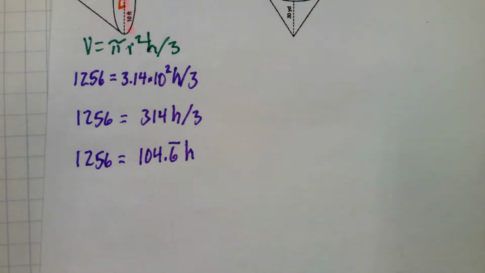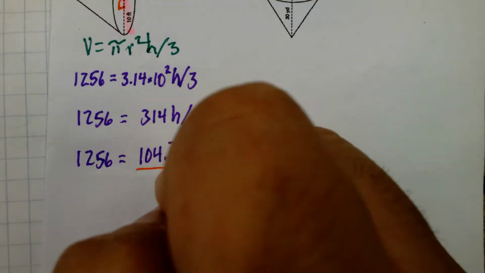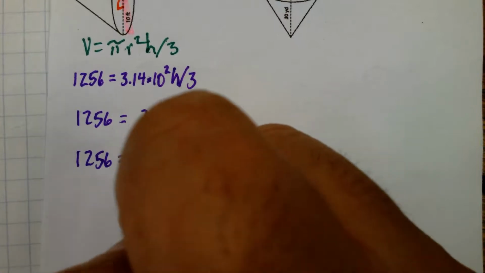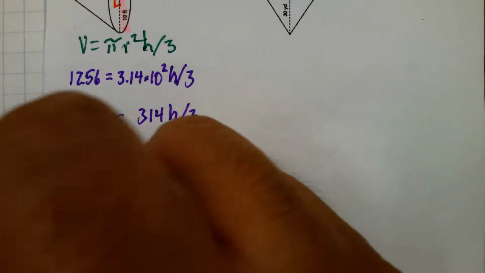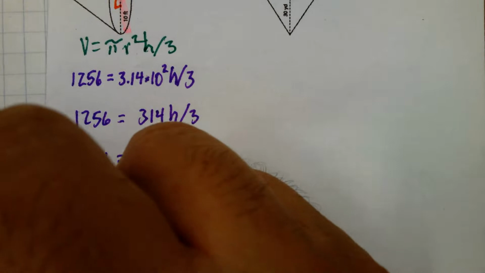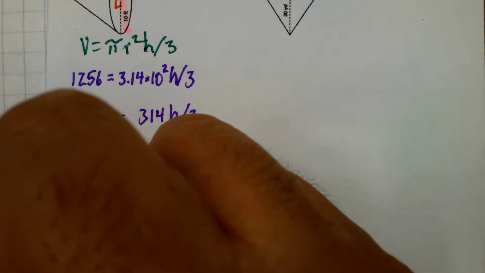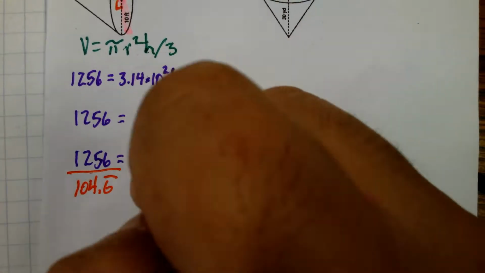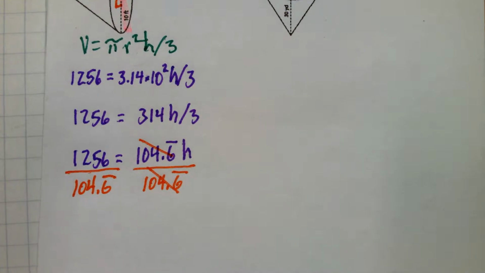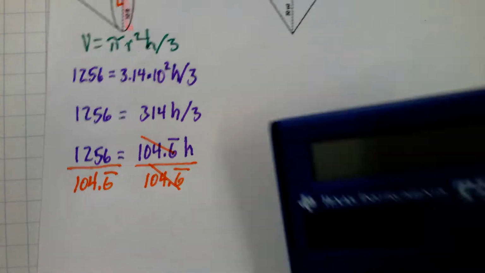Well, I'm down to the point that I want to get rid of that 104.6 repeating. What can I do to get rid of it? Divide. It's just an equation. We'll divide by 104.6 repeating on both sides. That will cancel these, okay? And this is how we're going to do it.